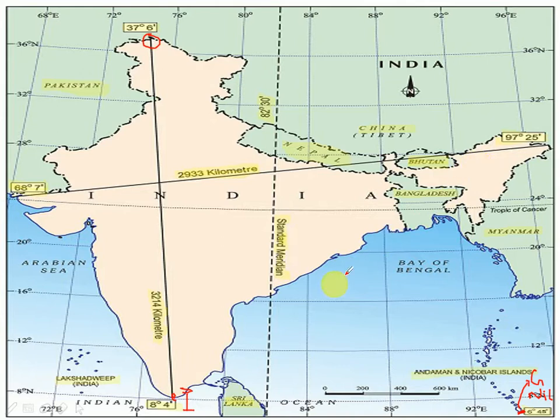So I think there's one way you can remember this. You just mark north, south, east, west, and then write 4 here, then 5 here, then 6 here, then 7 here.